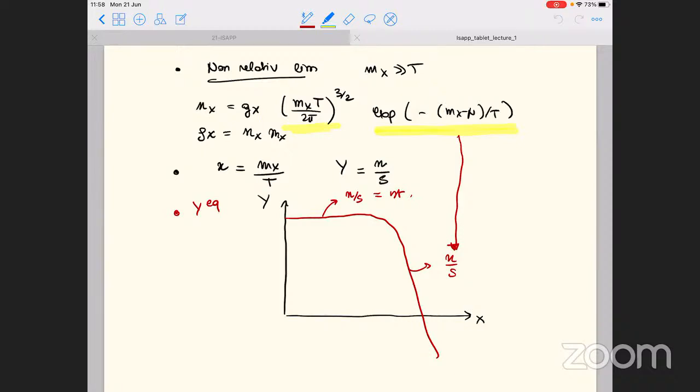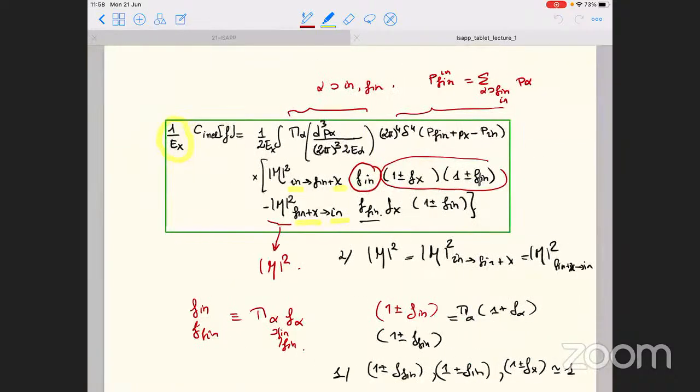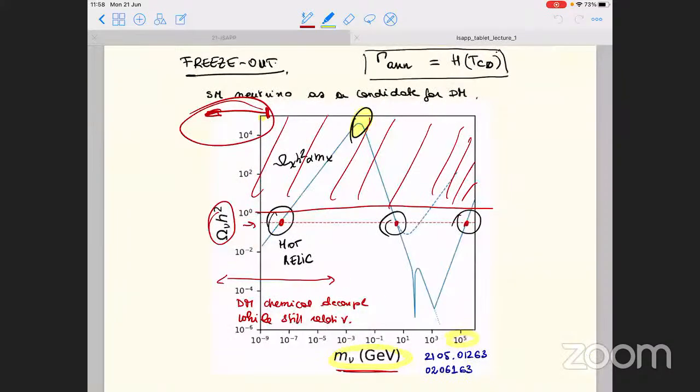When you consider non-relativistic particles, it's not the temperature anymore, which is going to be negligible, and you have other quantities that come into the game, like the mass of the dark matter or the mass of the gauge bosons. So up until now, I have only described this part of the plot, okay?